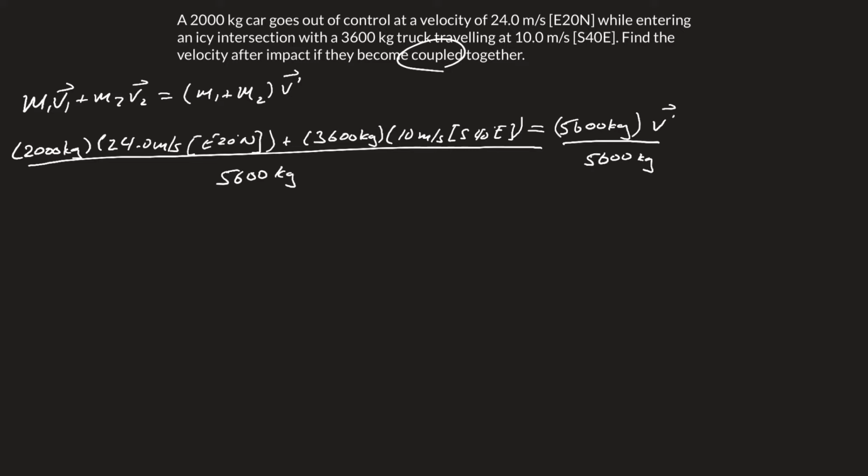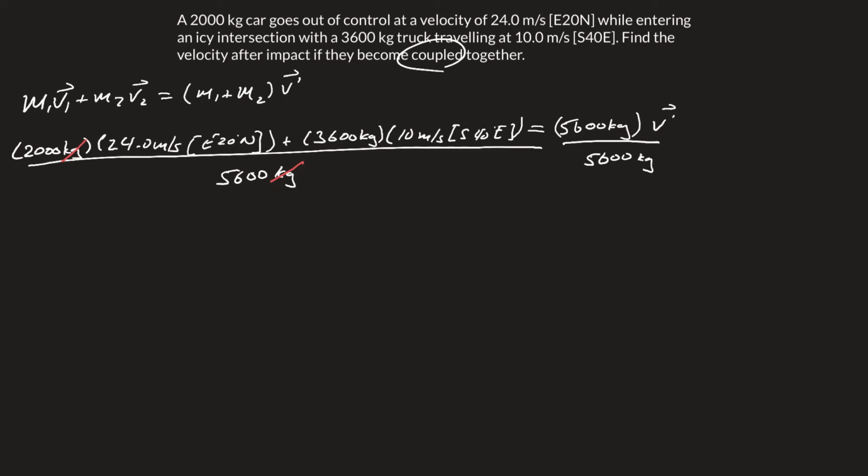Now, of course, these kilograms are going to cancel. So I'm going to end up with a value of meters per second plus meters per second. So if I do 2,000 times 24 divided by 5,600, what I'm left with is 8.57 meters per second.